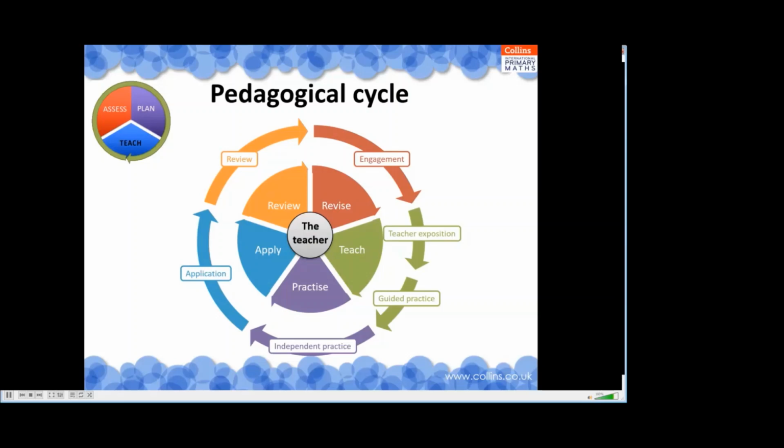This approach is shown on the outer ring of this diagram. The lesson begins with engagement, followed by teacher exposition, guided practice, independent practice, application, and finally review. The inner ring shows the link between these 6 key teaching strategies and the 5 phases of a Collins International Primary Maths lesson plan.